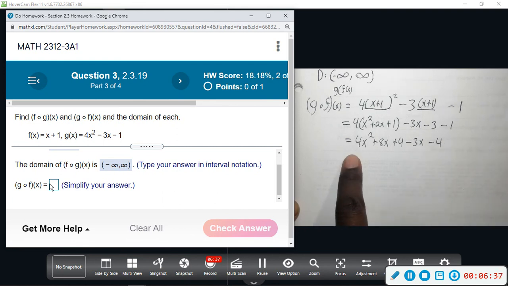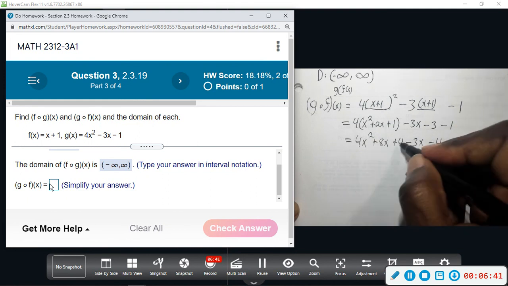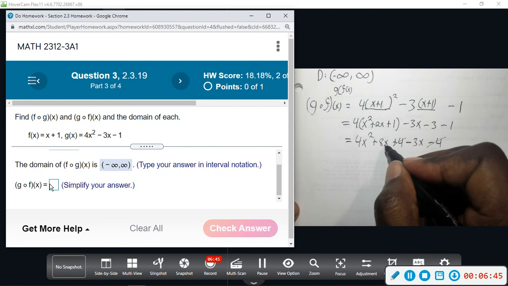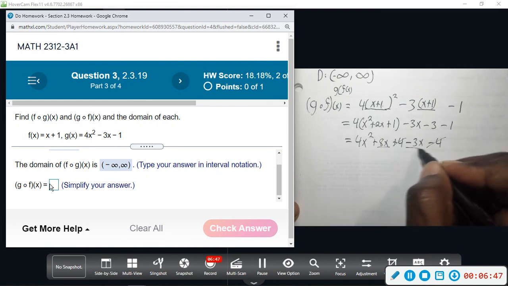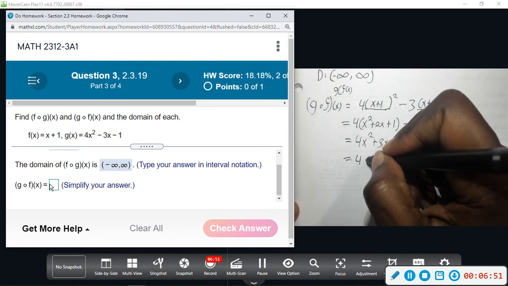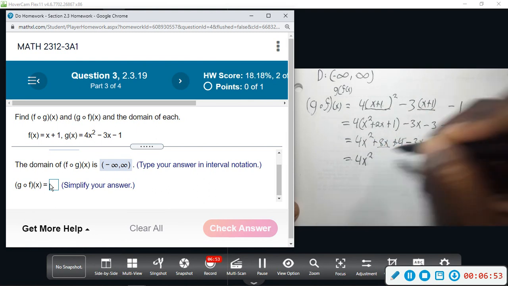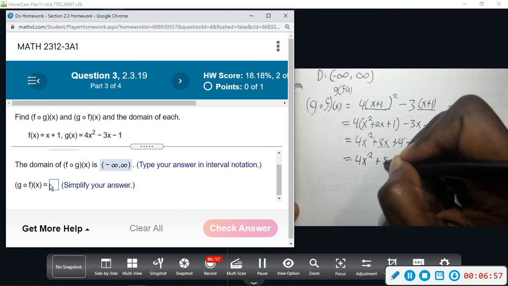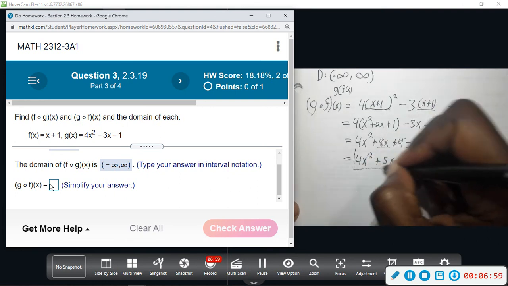And then we're going to cancel out or combine like terms. So the plus 4, the minus 4 will go to 0. We will combine the 8x and the negative 3x. So this will give us 4x squared plus 5x. So this is our function here.